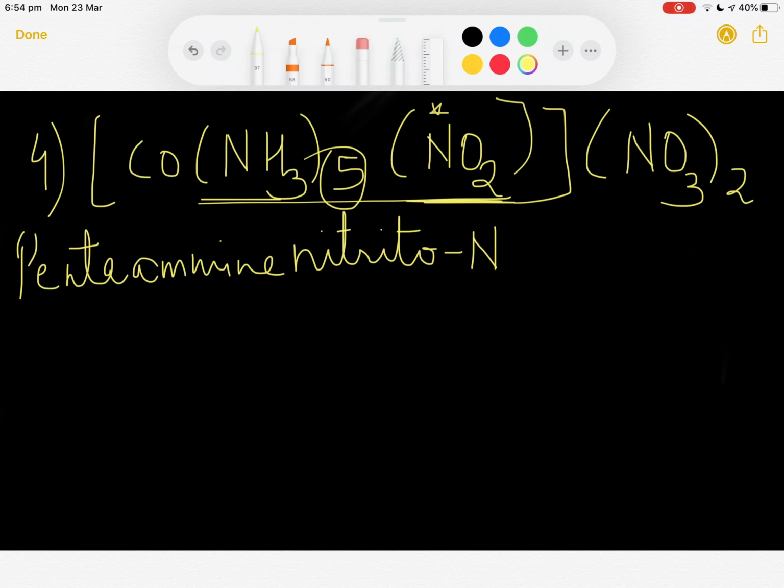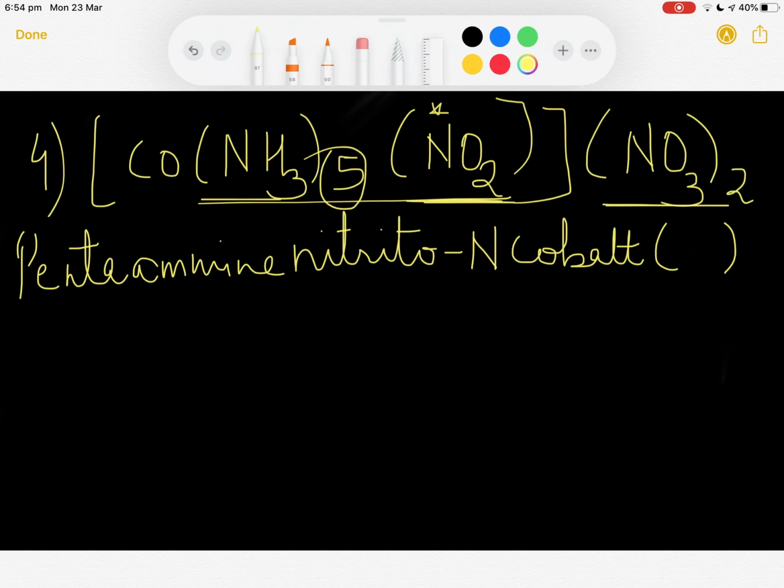Then comes cobalt. Oxidation state I'm going to find out, so I'll just put a round bracket here. Then the NO3 is nitrate. Now I'm not going to use it as nitrito, because nitrito, if I use it, acts as a ligand, remember this. Now this is not a ligand for me, it's a primary valency, which I made very clear in Werner's theory.